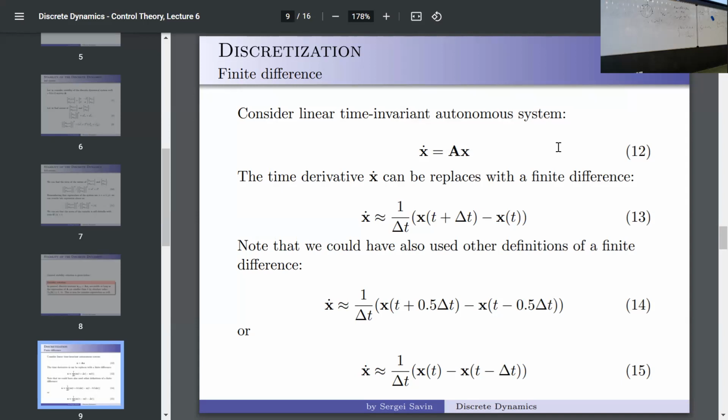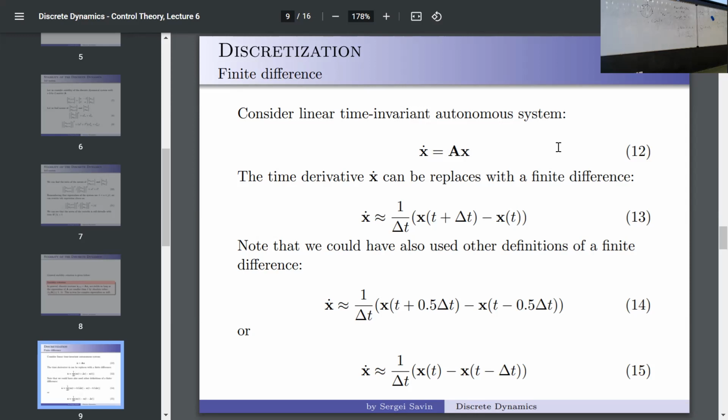You can imagine that the derivative taken from here to here kind of looks like this, and you expected it to be like this, right? So in real life, you need to be wary of those approximately equal signs. So we say x dot is approximately equal to this finite difference.